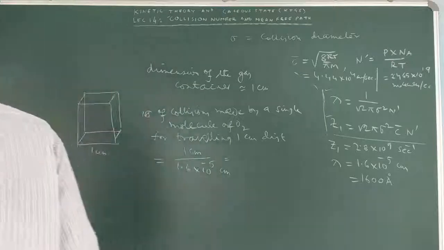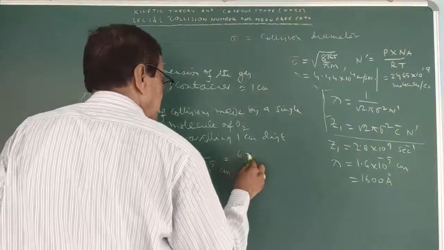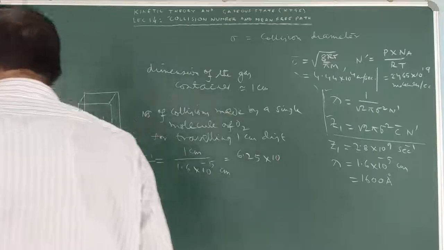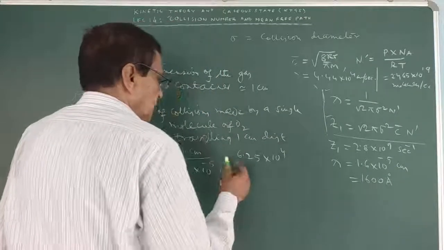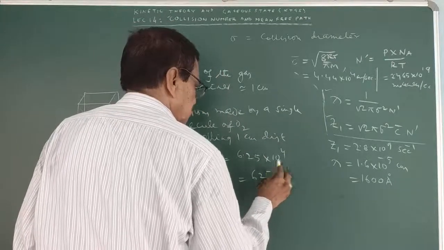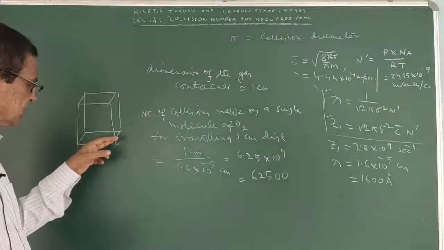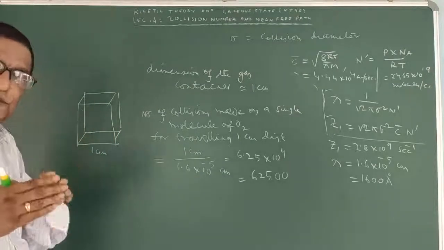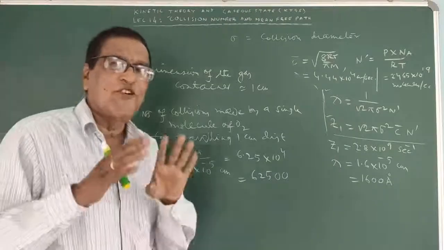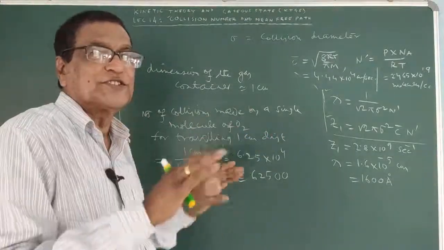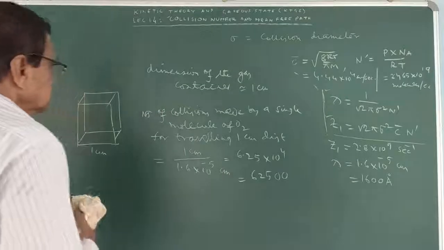So this will give you 6.25 into 10 to the power 4. Means over the 1 centimeter length between the two walls, when this molecule moves from this one to this wall, it will suffer 62,500 collisions with other oxygen molecules at this temperature and pressure.